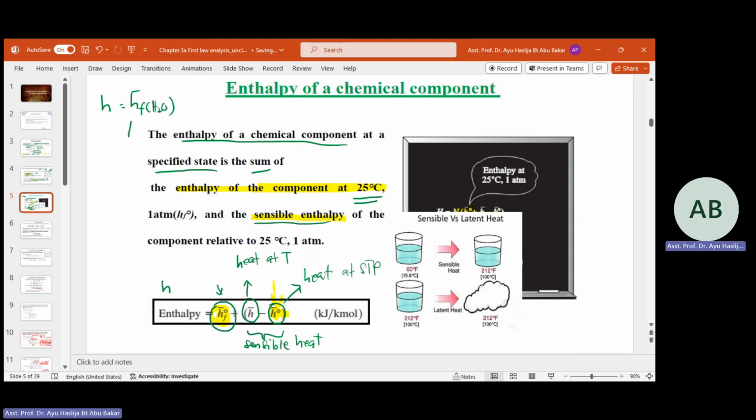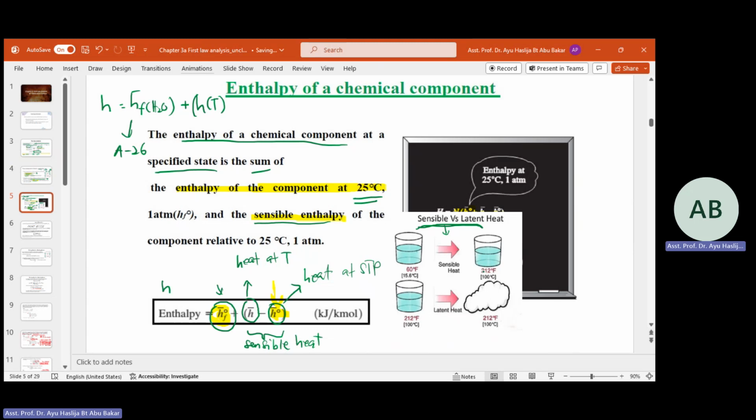So, this one kita akan cari at table A26. Ini dah fix the figure. And then, plus the sensible heat. Sensible heat means the heat produced during the heating process. How much heat produced along the process kan? So that's why the T, H ni, is at specific T, at final T.